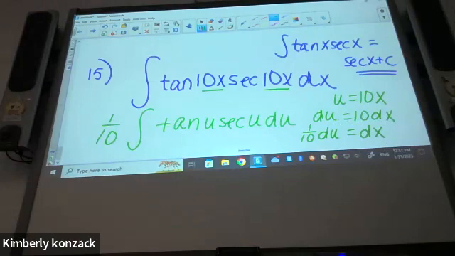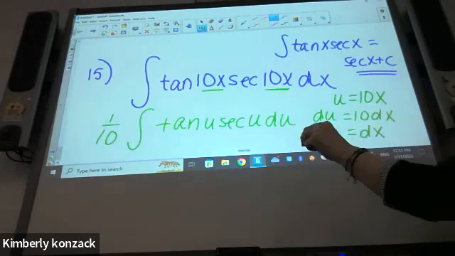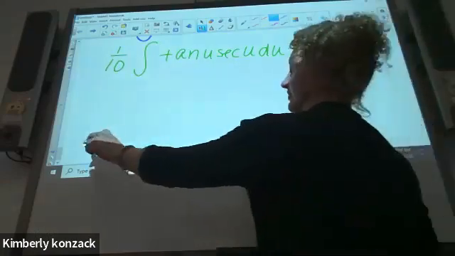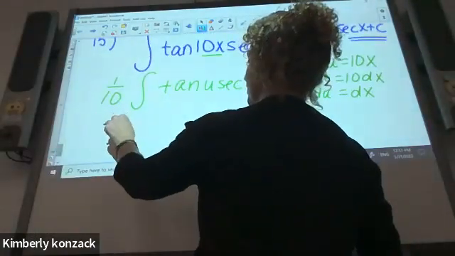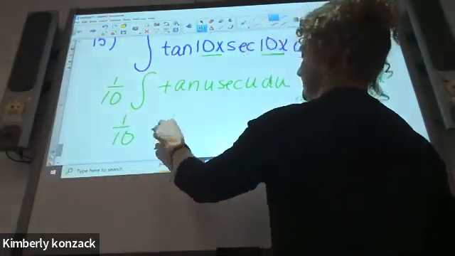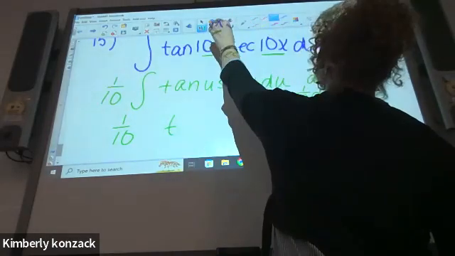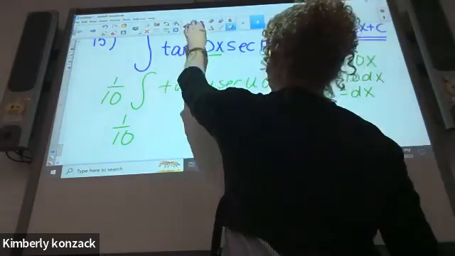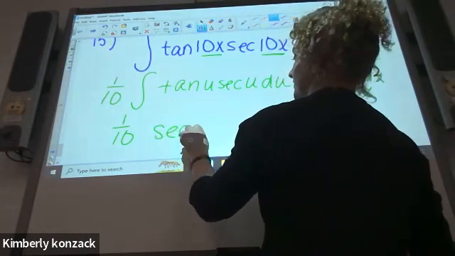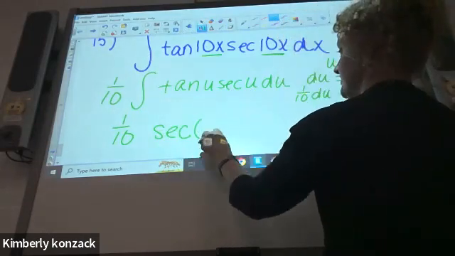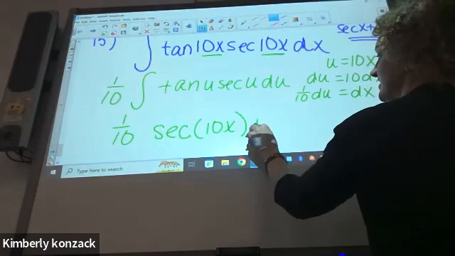Then you would get secant u, right? So it's 1/10 secant u, and u is 10x, plus c.